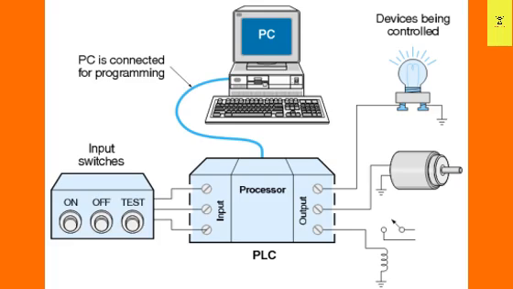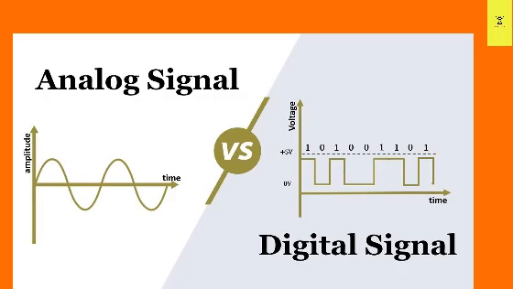The input modules can be digital or analog. As you know, digital turns on or off, and the analog is gradual, a continuous signal.